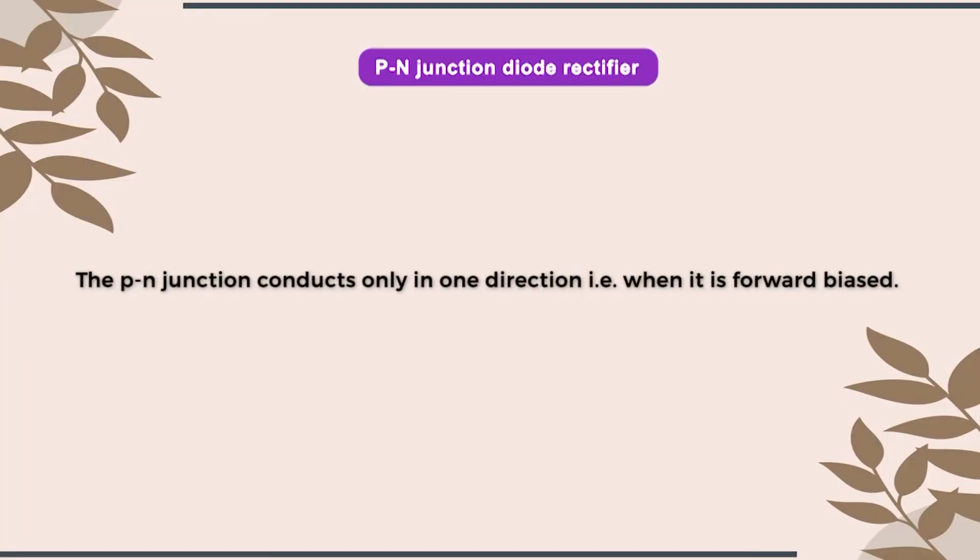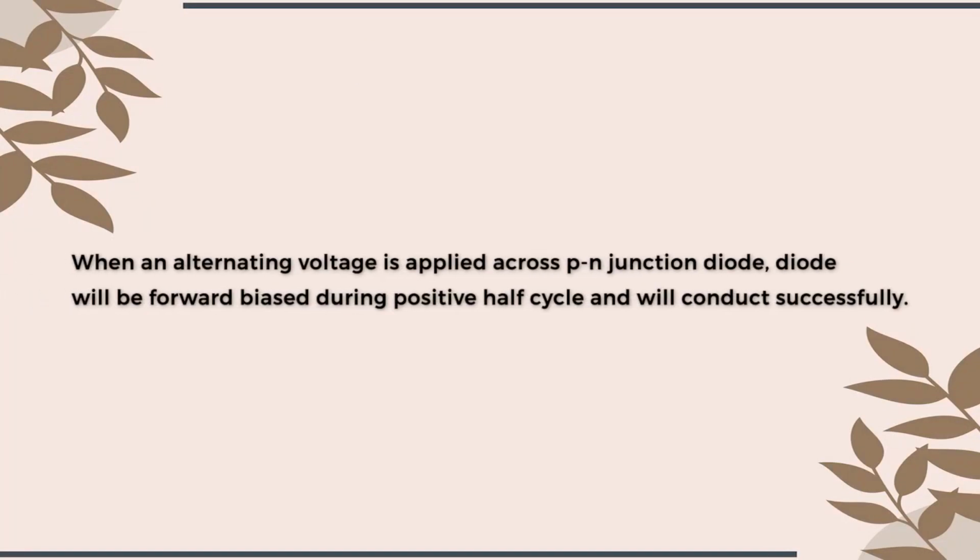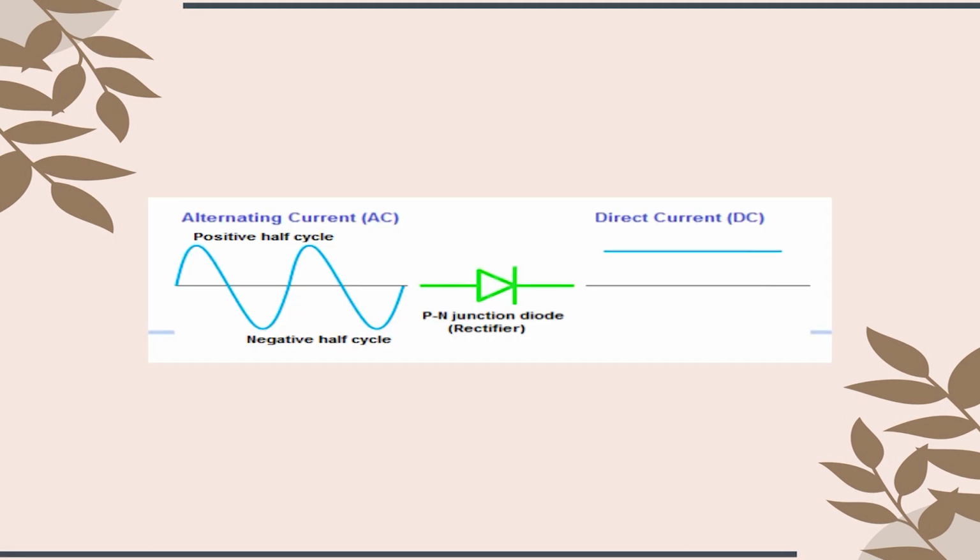The PN junction conducts only in one direction, that is when it is forward biased. When an alternating voltage is applied across a PN junction diode, the diode will be forward biased during the positive half cycle and will conduct successfully. As seen in the below figure, when an AC signal is given to the diode, we obtain a DC output.